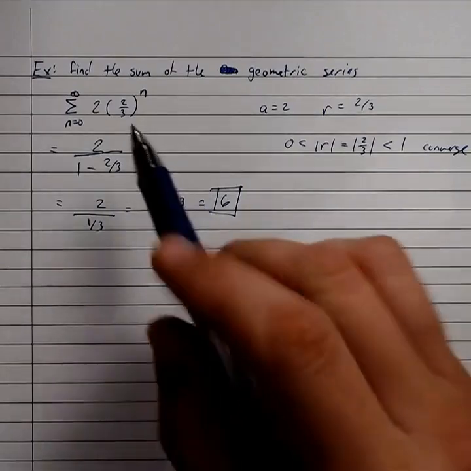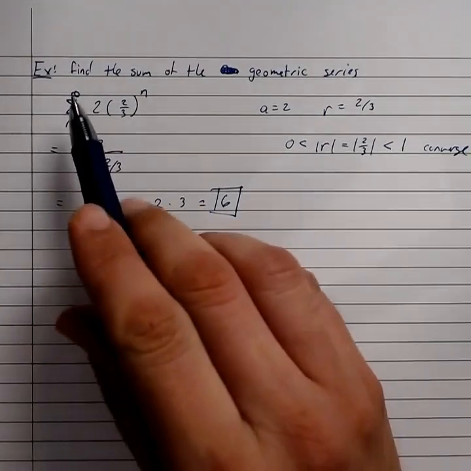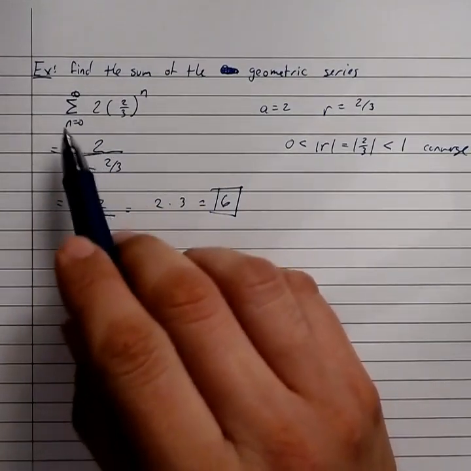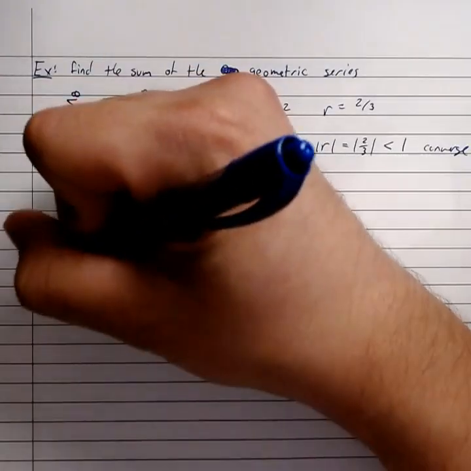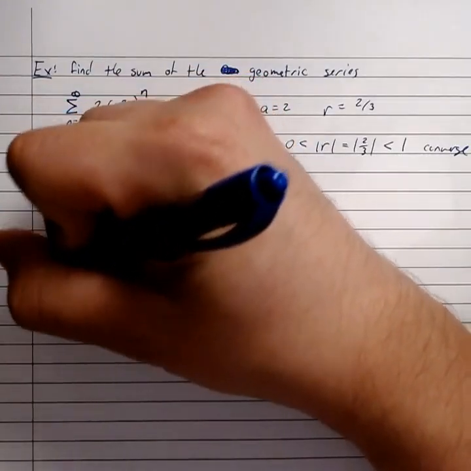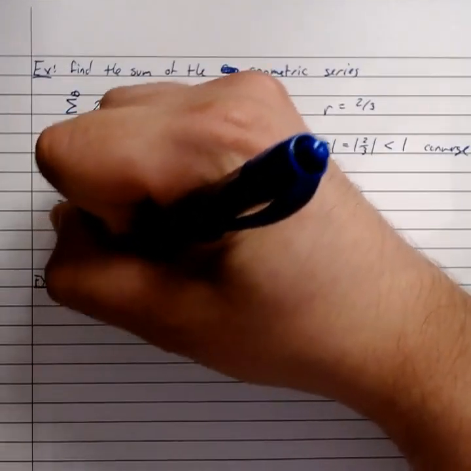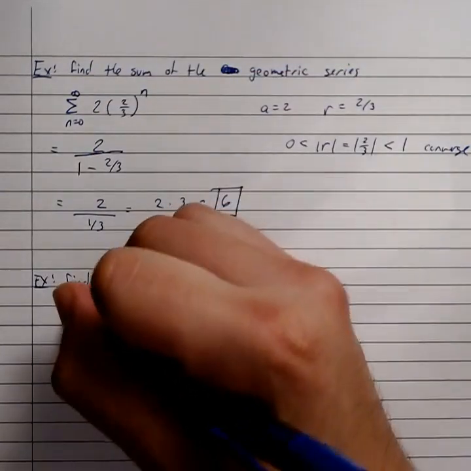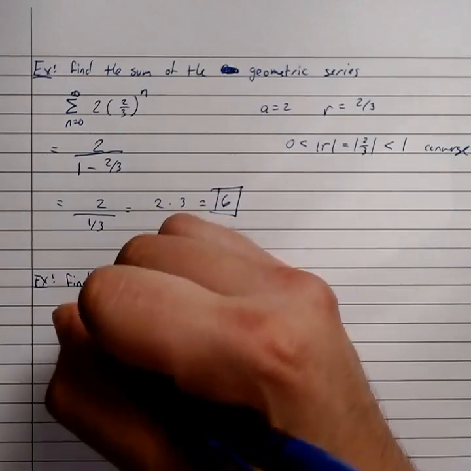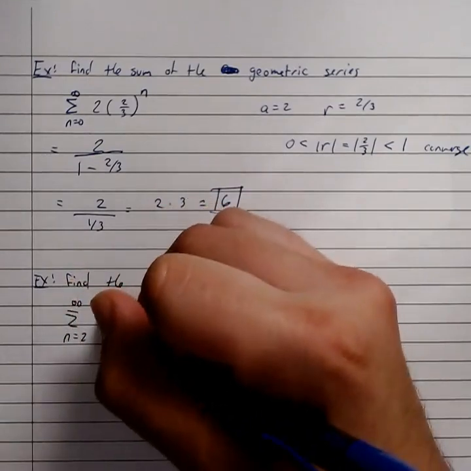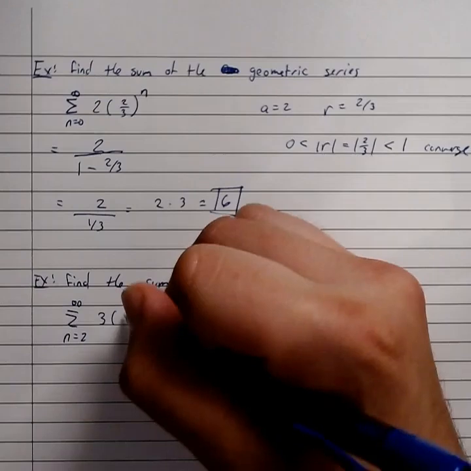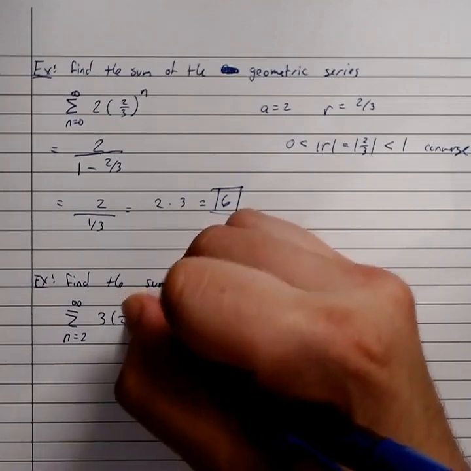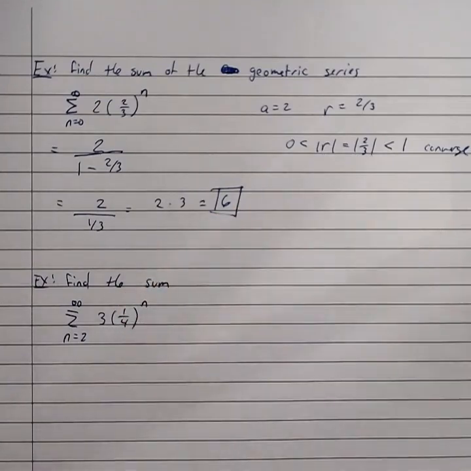Now you might think that's a little bit limited. It has to start at 0 to infinity. But of course, it can start somewhere else. Because after all, let's say the question was to find the sum as n goes from 2 to infinity of, let's say, 3 times 1/4 to the n power.